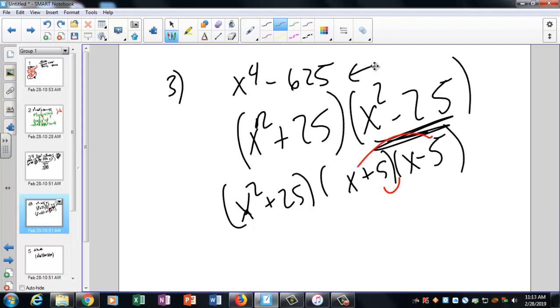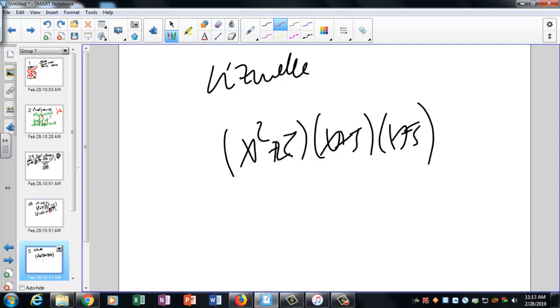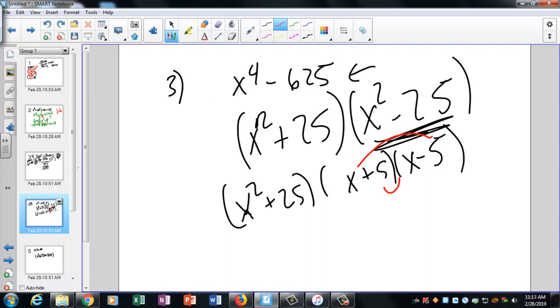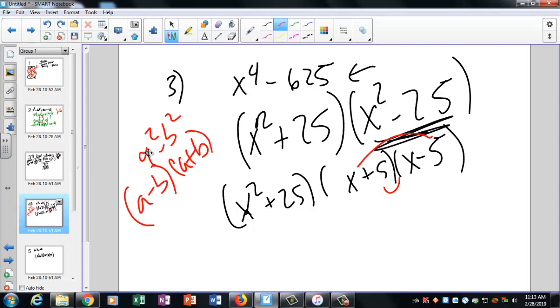Those will cancel. These will not cancel with the plus here. Okay? All right. What was the formula for that? The formula for this is a squared minus b squared is equal to (a minus b)(a plus b). Okay.